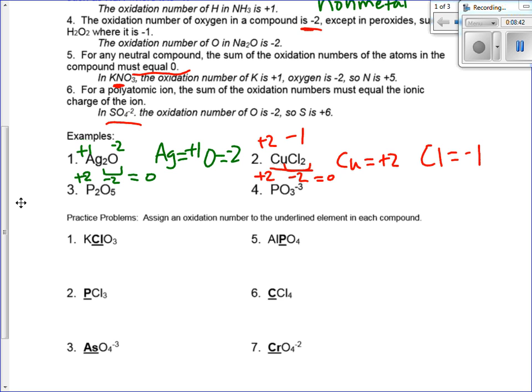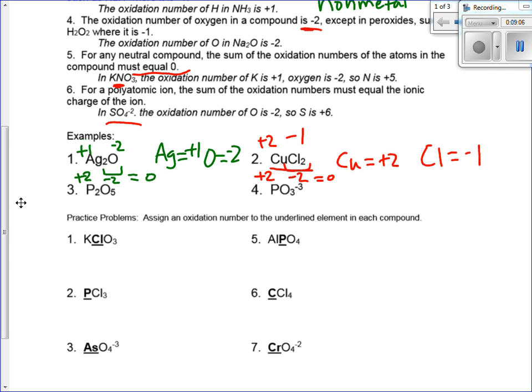They're sharing them. Okay, so it seems kind of interesting that we would be assigning charges to something in a covalent compound molecule here. Now, they're not really transferring within the molecule itself, but we assign oxidation numbers for covalent compounds just to keep track of where the electrons might go during a reaction.